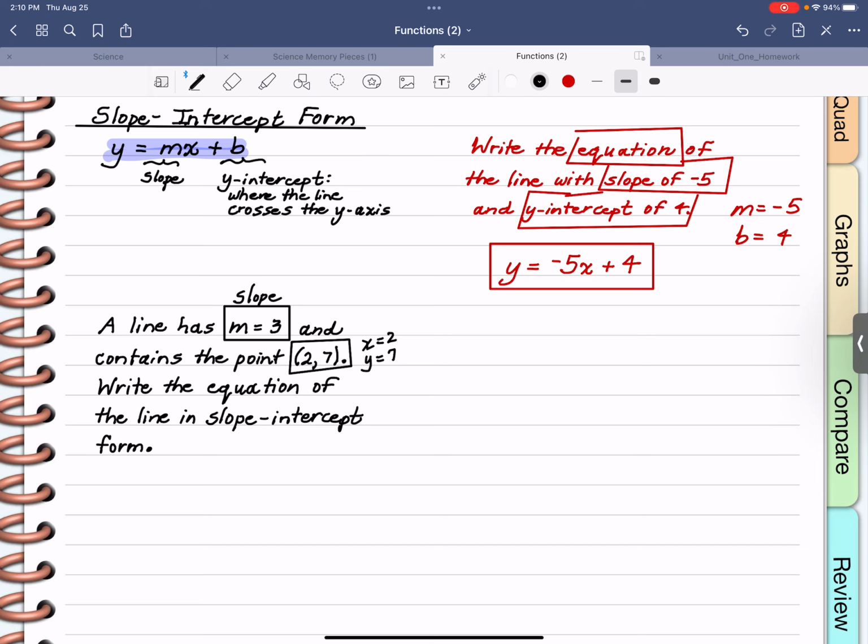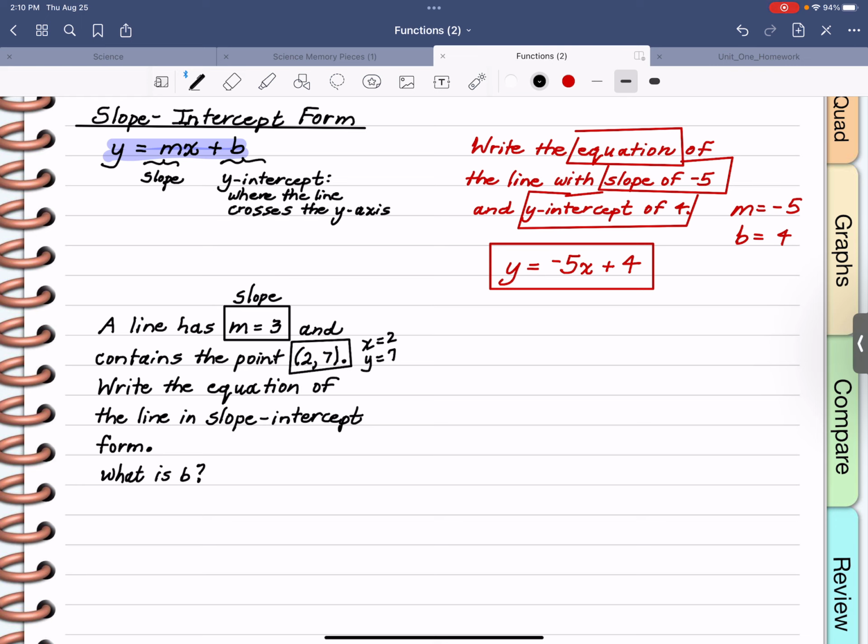And they want me to write an equation. What's the value that they did not give me? Which letter do I need for my pattern that I don't know? We don't know what b is. So you and I are going to have to do some solving here.